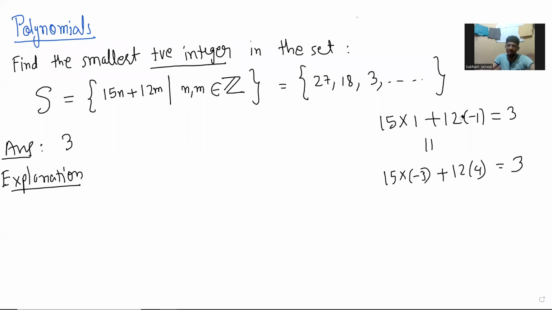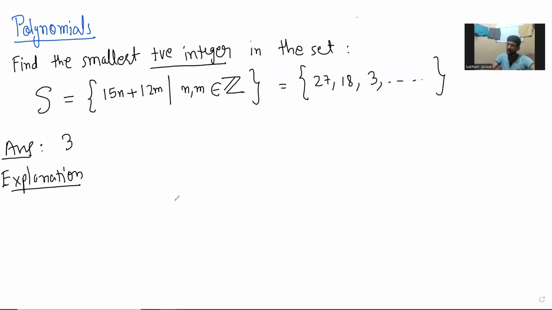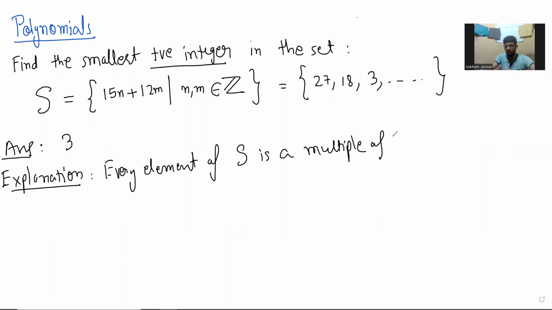Yes, right. And so every element in the set is a multiple of 3. Absolutely. That's the clearer explanation, right? Every element of S is a multiple of 3.